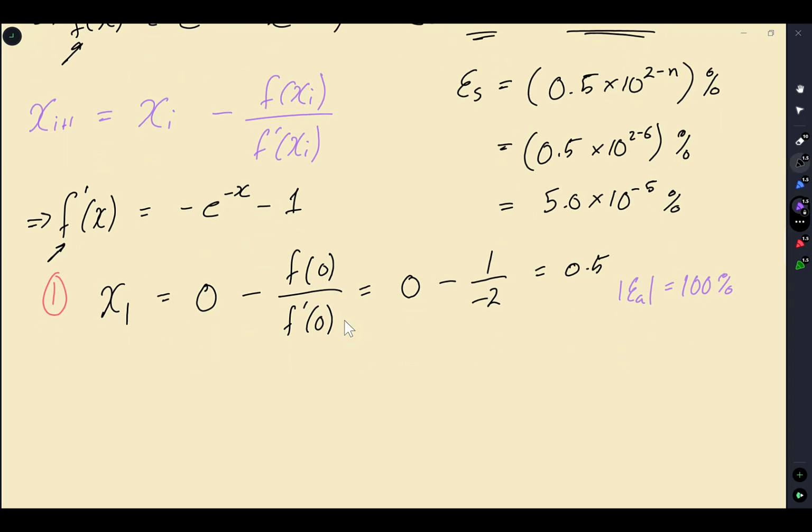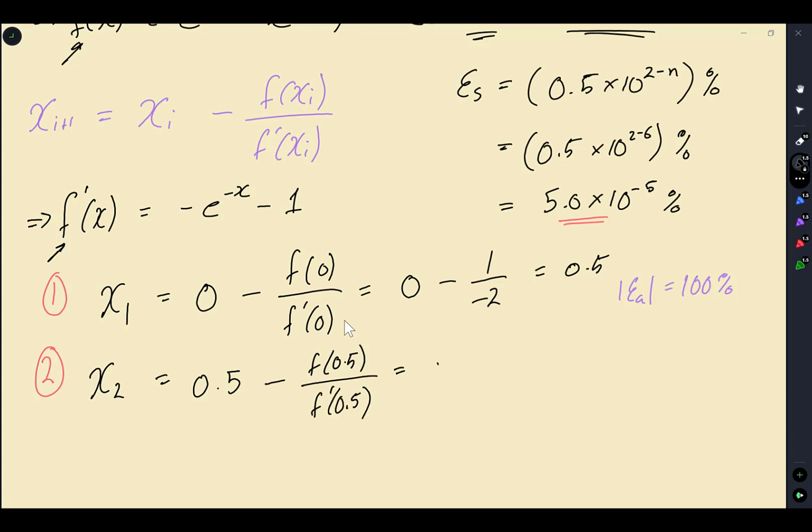Then we're going to go to the next point. This will be our second iteration. Obviously, this is not less than the tolerance which we're going for here, so we're going to do another iteration. So x2 is going to equal 0.5, which is our x1, minus f at 0.5 divided by f prime at 0.5.